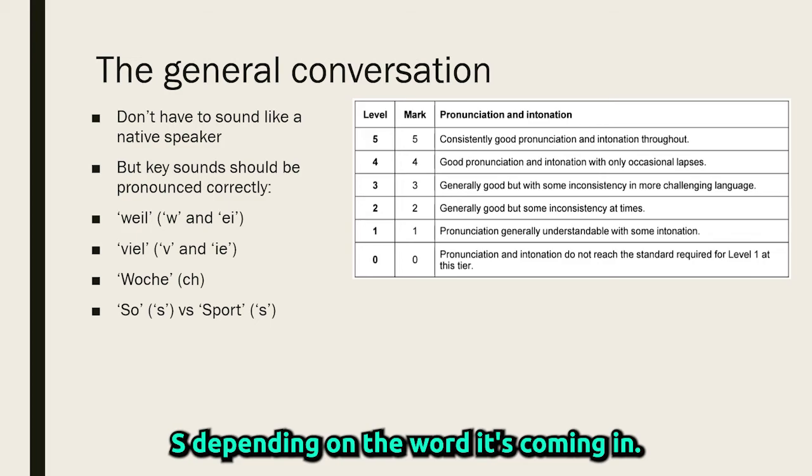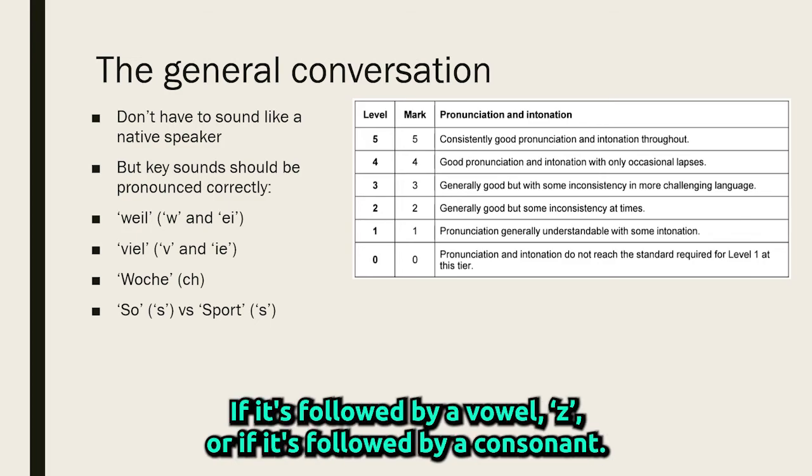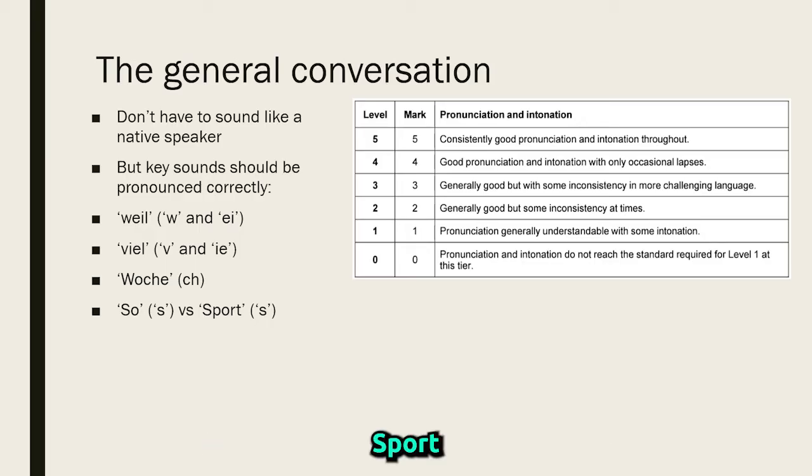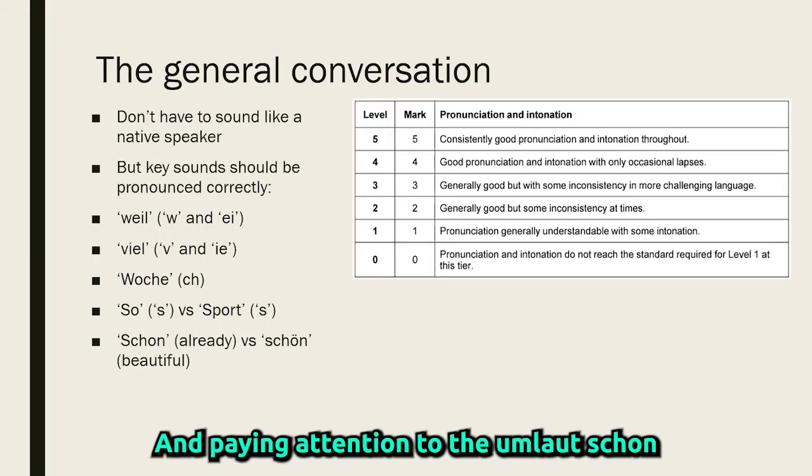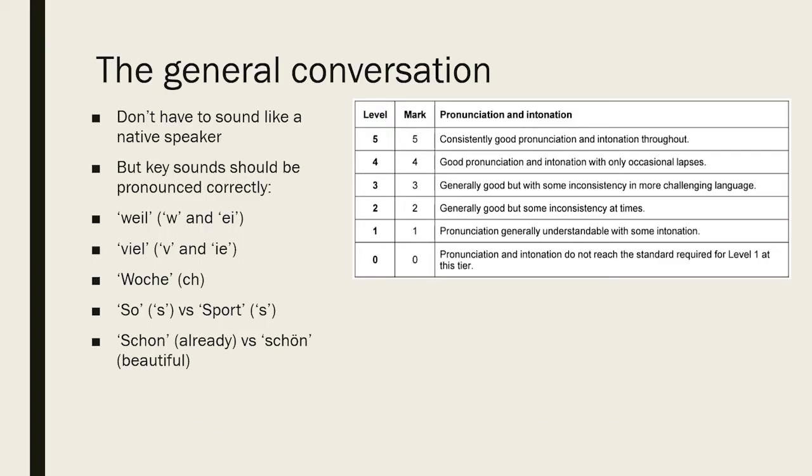S, depending on the word it's coming in, if it's followed by a vowel, so, or if it's followed by a consonant, Sport. And paying attention to the umlaut, schon, already, schön, beautiful, schon, schön.